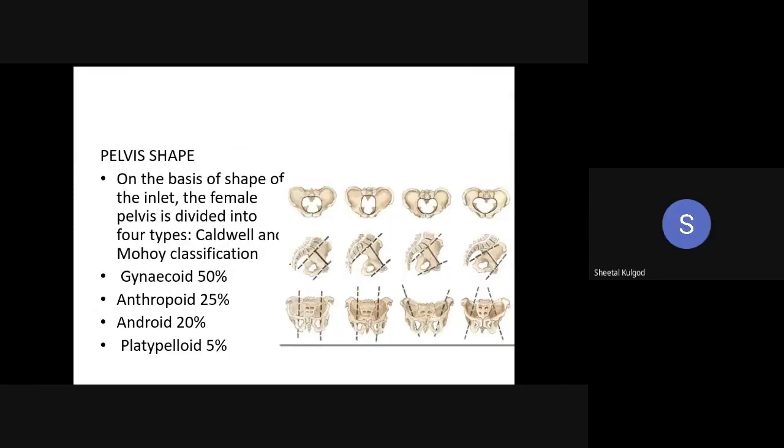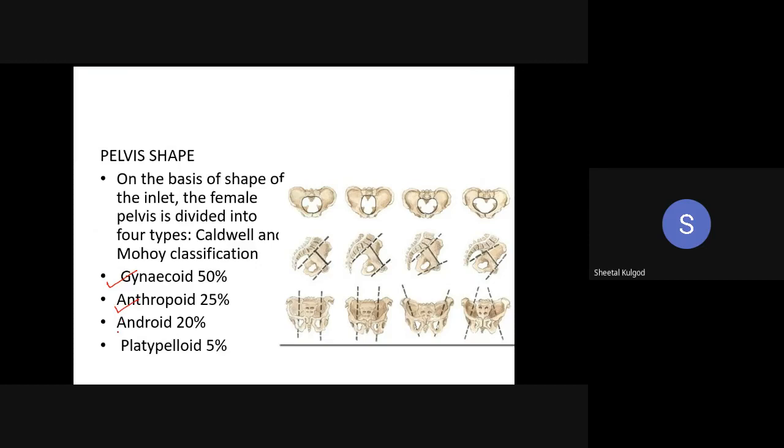Now, there are mild alterations in the female pelvis depending on the different characteristics in the inlet, mid cavity, and the outlet. The most common classification of the pelvis is the Caldwell-Moloy classification, where they have majorly classified the pelvis into 4 types. You have the gynecoid, which is the most common, at 50%.